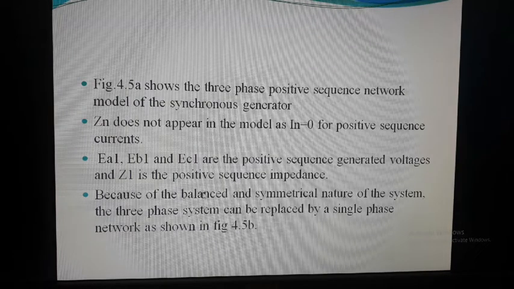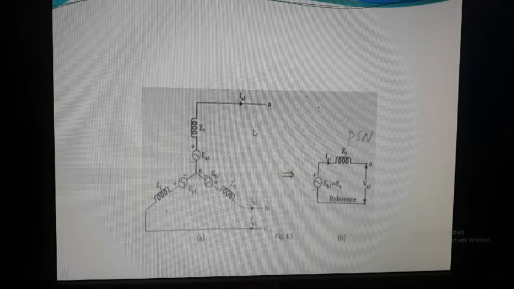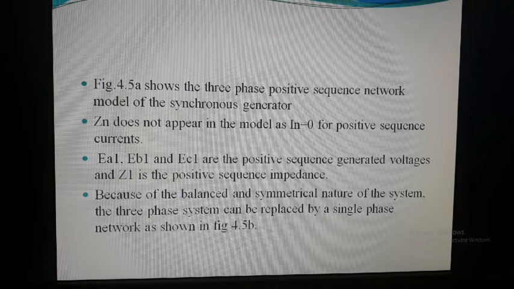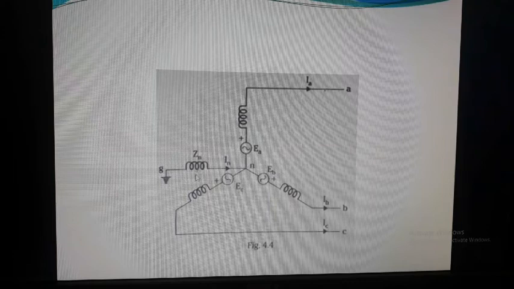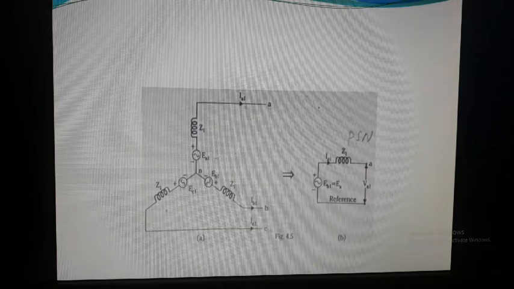The next figure shows a three-phase positive sequence network model of the synchronous generator. This is the positive sequence model. Here the neutral impedance Zn does not appear because for positive sequence currents there is no neutral current; IN is equal to 0. Therefore, no neutral appears in the positive sequence network.